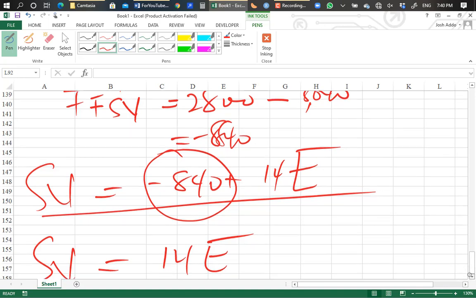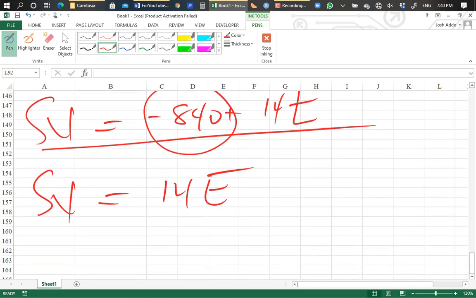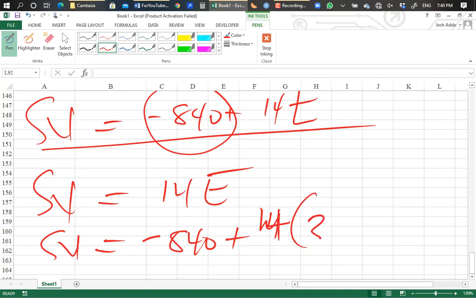The last bit of the question: assuming the independent variable has a value of 300. The independent variable here is the promotional expenditure. Predict the value of the dependent variable. So SV, which is the dependent variable that we are searching for, is equal to, if you are being mathematics-centric, negative 840 actually, plus 14, and it said the level of expenditure is 300.